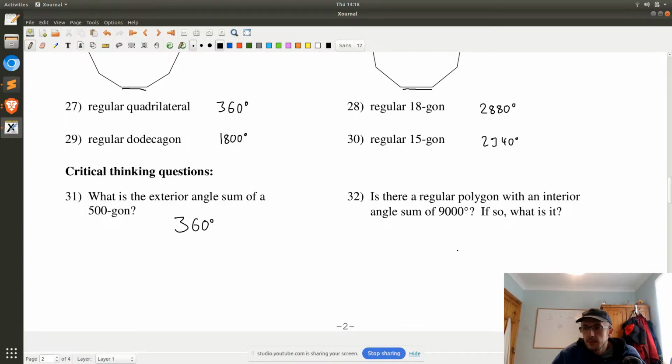And so divide 9,000 by 180, which is the same as 900 divided by 18, which is the same as 100 divided by 2, so 50, and then add on 2, so 52gon is the name. And that's good. That's all solved.